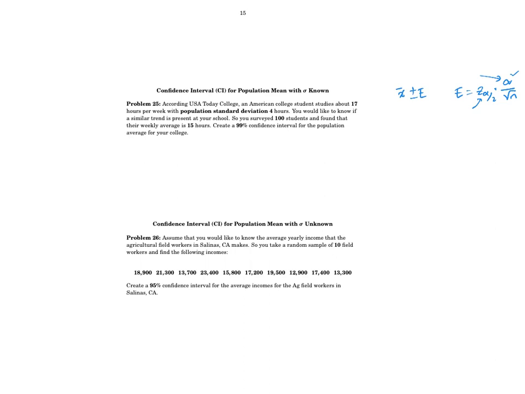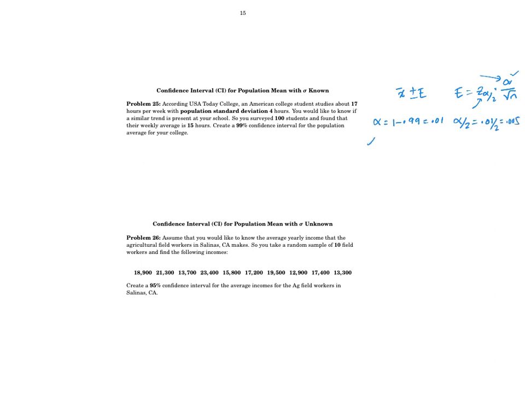So here we are doing what? Create a 99% confidence interval. So your alpha is going to be 1 minus 0.99, which is 0.01, and your alpha over 2 is going to be 0.01 divided by 2, which is 0.005.